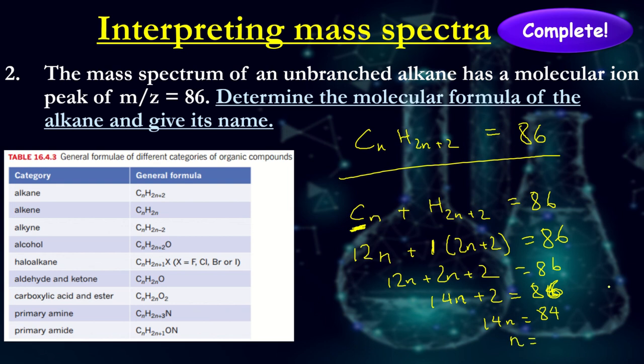Put that on your calculator: 84 divided by 14 gives you 6. The alkane we're dealing with has 6 carbons and 14 hydrogens, and so that is hexane. That's how you deal with it.